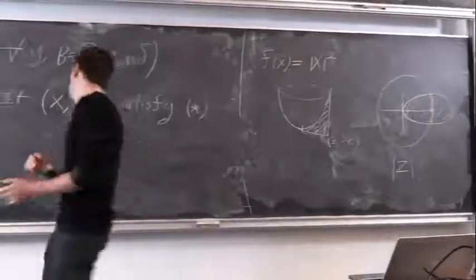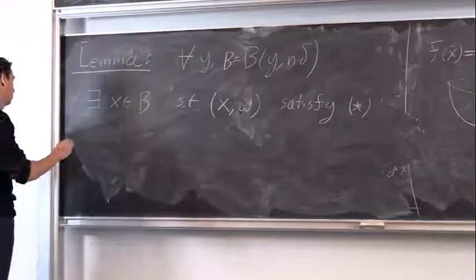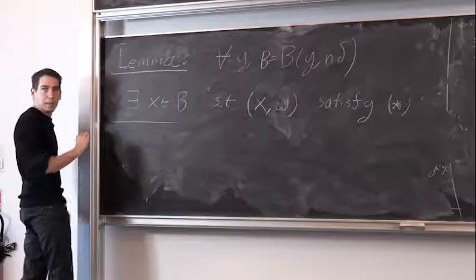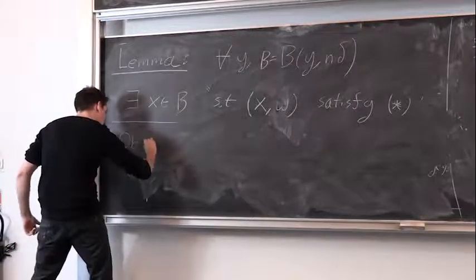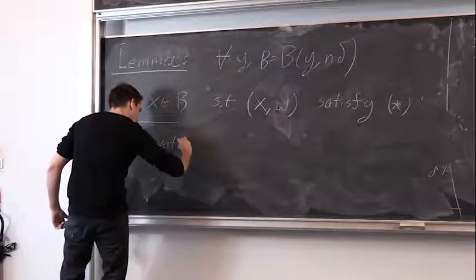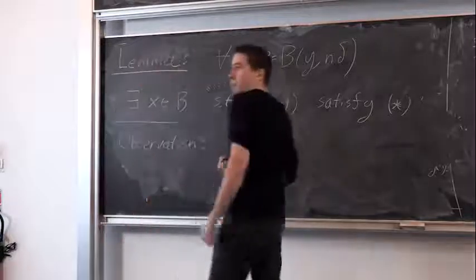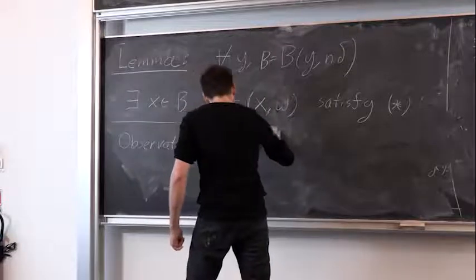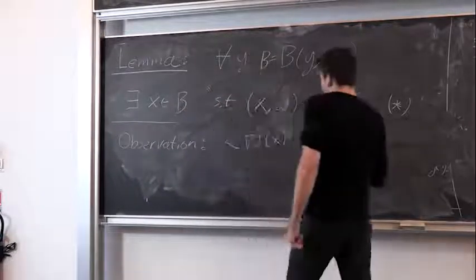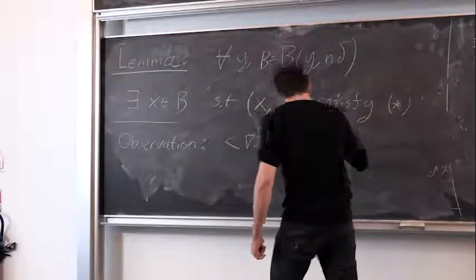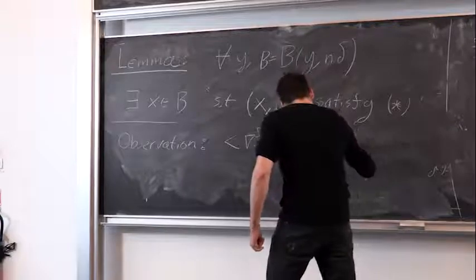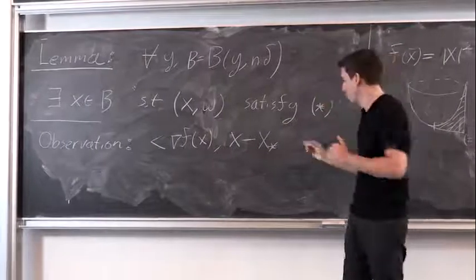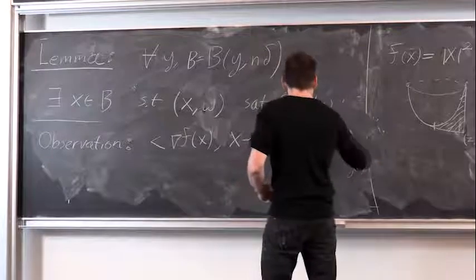Okay, so this is the lemma. Once we have this lemma, and we have another very simple observation, that by the convexity of f, we always have that the gradient of f at the point x dot product with x minus x star, which we understand as argmin of f, so just the offset between x and the minimum, this is always non-negative.